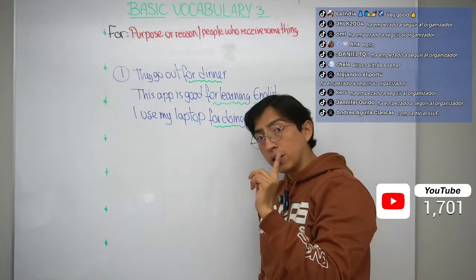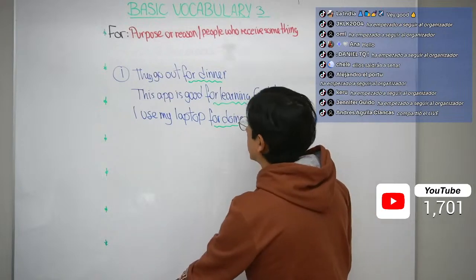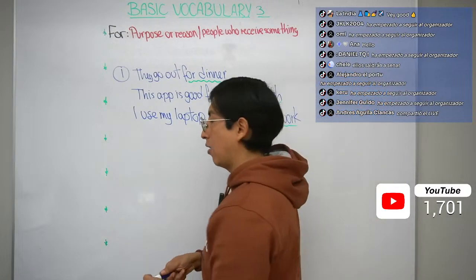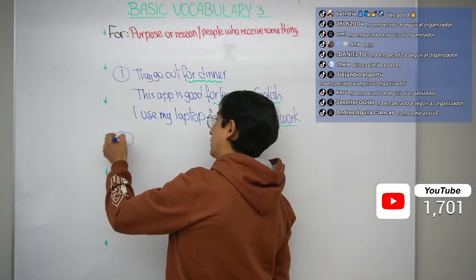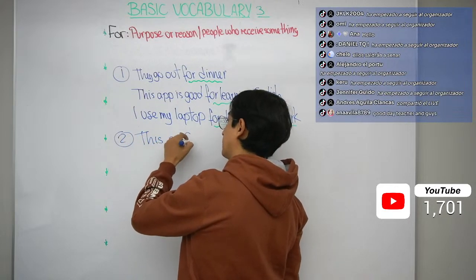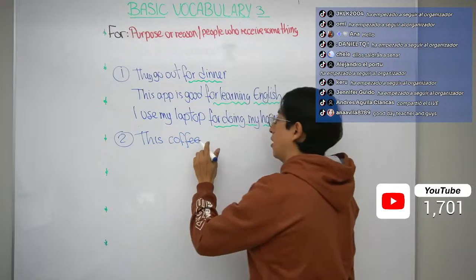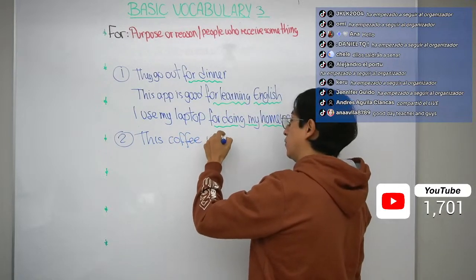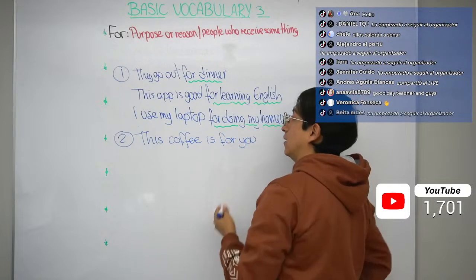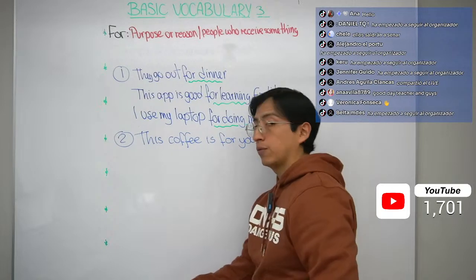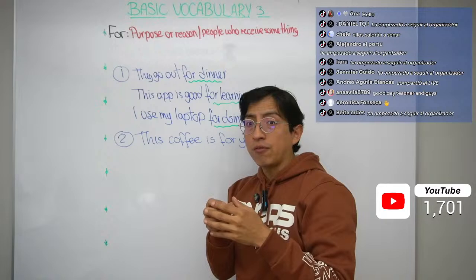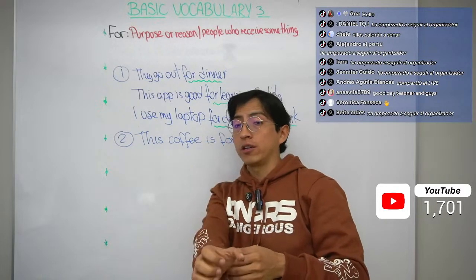Now, let's continue with the second meaning. We're talking about people who receive something. Now, we can say, for example, this coffee is for you. Look at that. I have a cup of coffee, and this cup of coffee is for you.